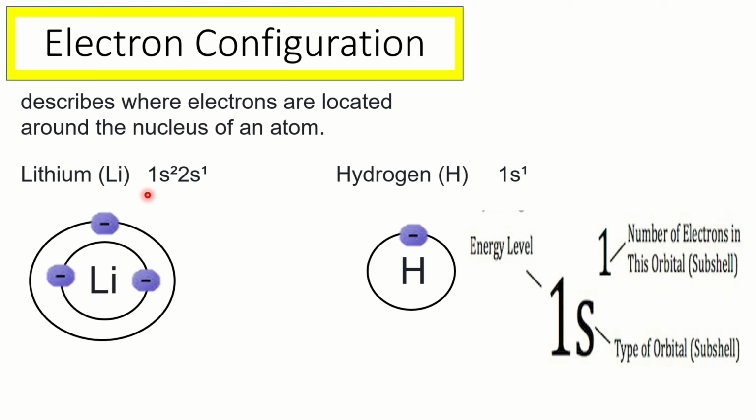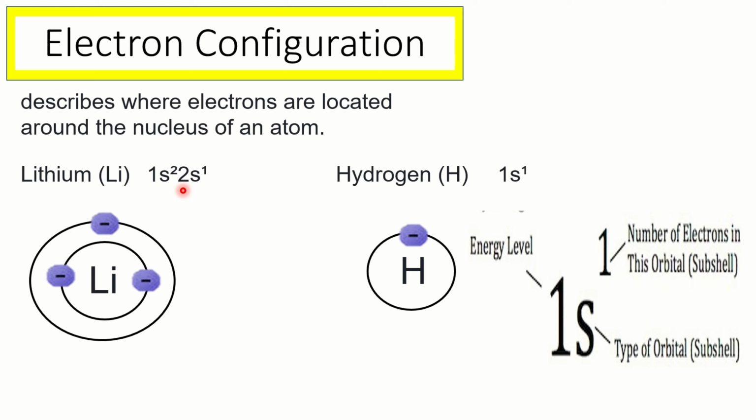So going back here in our example, in the lithium, we have here 1s2. So in the first energy level, the type of subshell or the type of sublevel is S. And the number of electrons in the energy level is 2. Okay. And next one is 2s1.